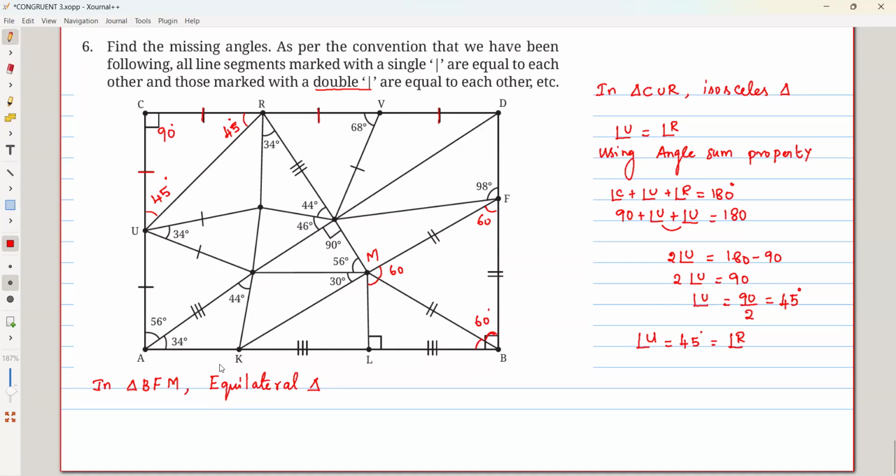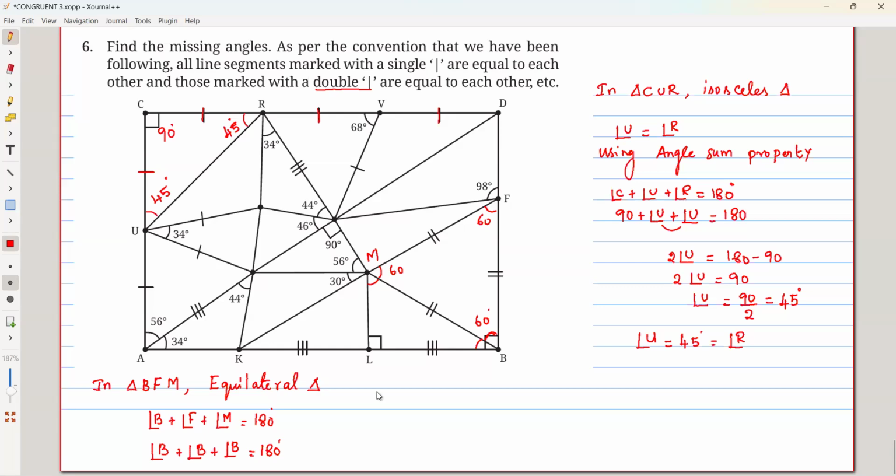Equilateral triangle means all the angles are equal. If you want to write the steps, you write angle B plus angle F plus angle M is equal to 180 degrees. This is the angle sum property. Here all the angles are equal, so I can write angle B plus angle B plus angle B is equal to 180 degrees.